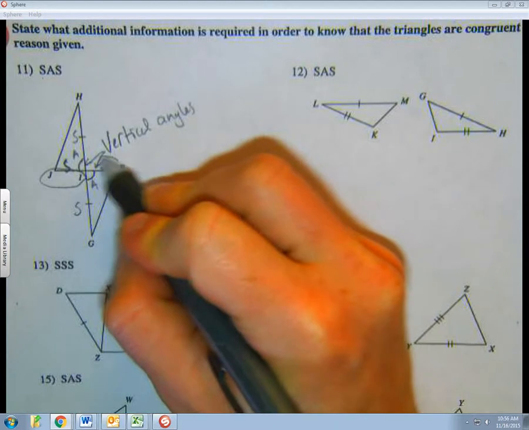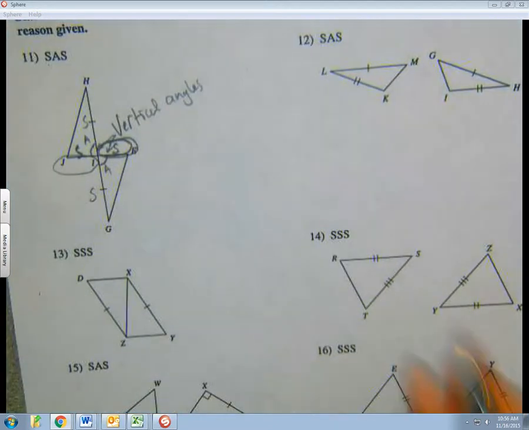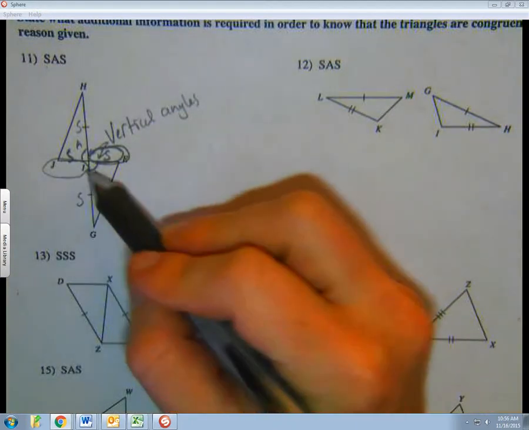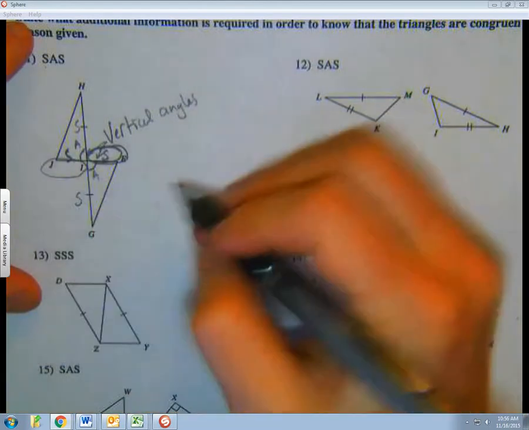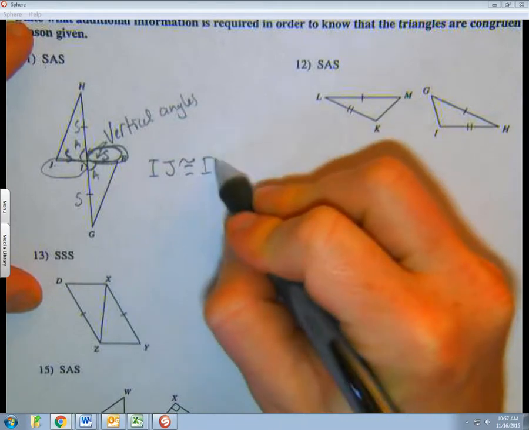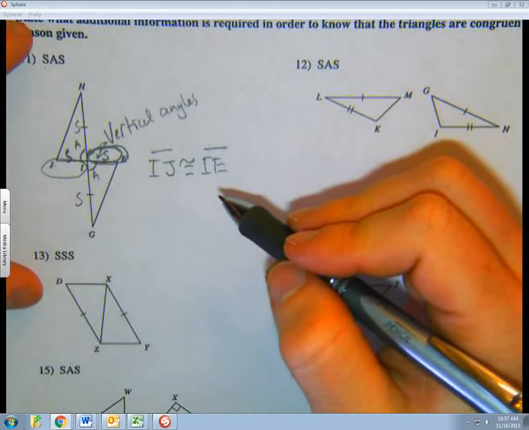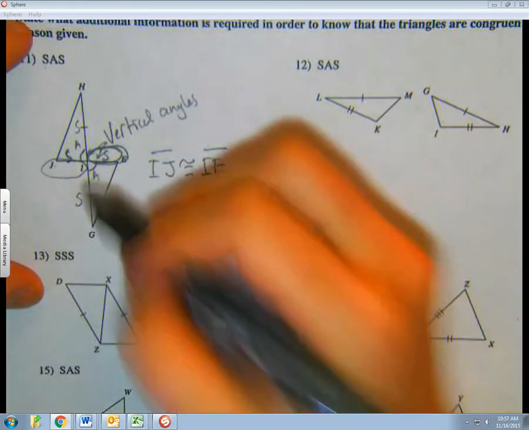So how do I write that? I would start from the middle and work out in each case. So this one is IJ is congruent to IE. Those are segments. If we are given that piece of information, that would make that the same as that. So now I have side angle side.